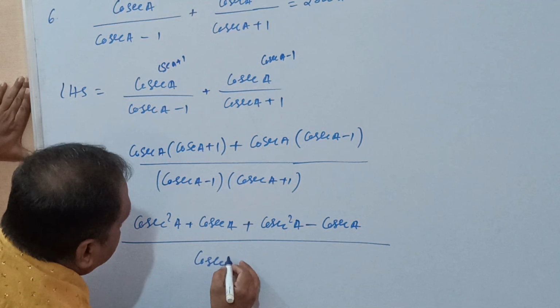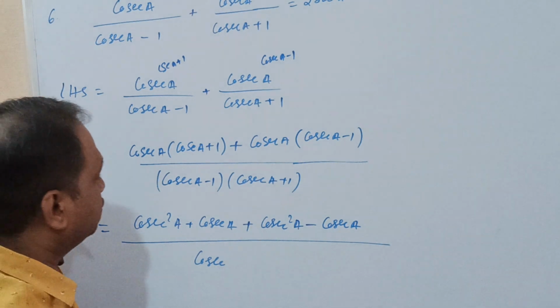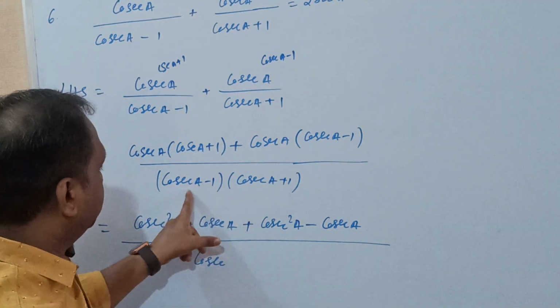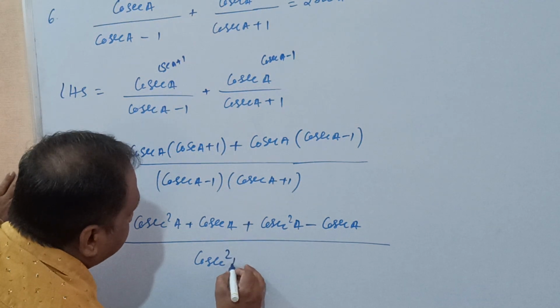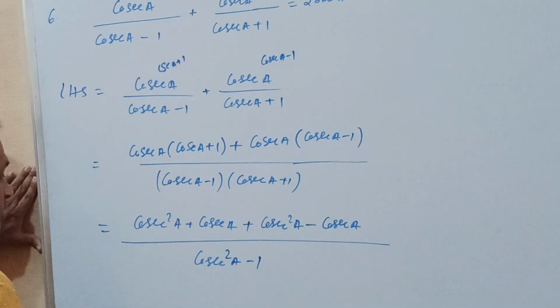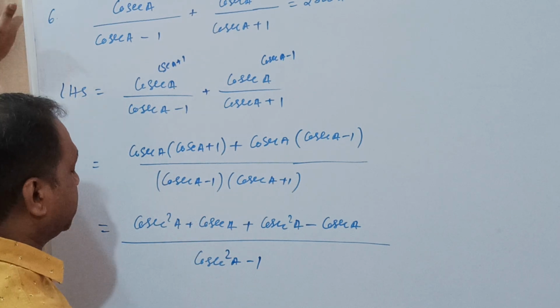The denominator is of the form A plus B into A minus B, so I will write cosec square A minus 1.